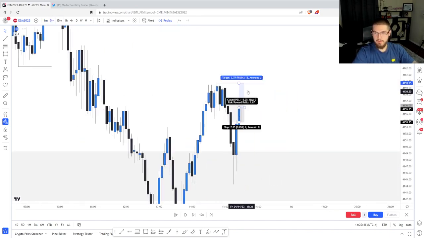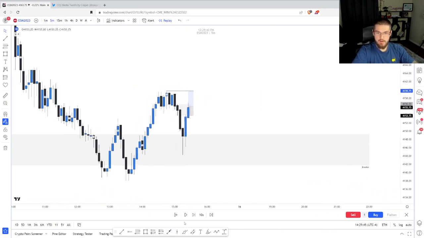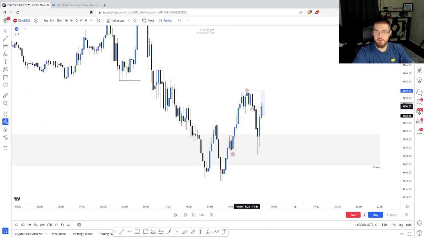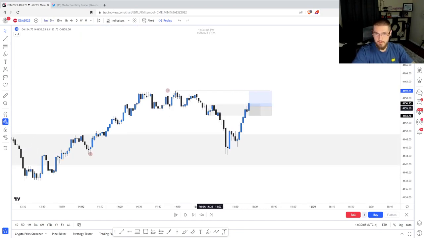On top of that, if you look at the 5-minute, that displacement from right here up to there is our dealing range. So you have a bullish dealing range. When we come down to a discount of that, we look to target the highs. On the 1-minute, you're coming up above this breaker right here. The 5-minute's a little clearer, the displacement overall. On the 1-minute, you're coming up above that breaker.